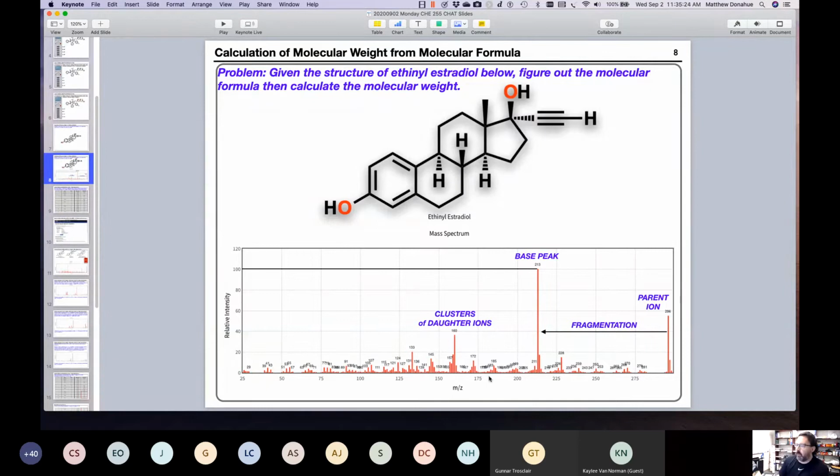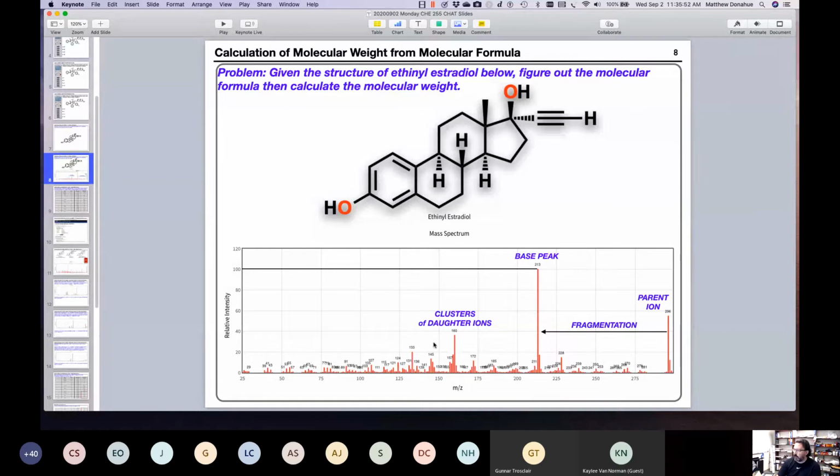What I want to point out to you is how this data looks. Again, the red lines are data. Each molecule has a specific sort of fingerprint, maybe that's a way to describe how this mass spec data looks. So it's fragmenting, you get this base peak, then you get these clusters.